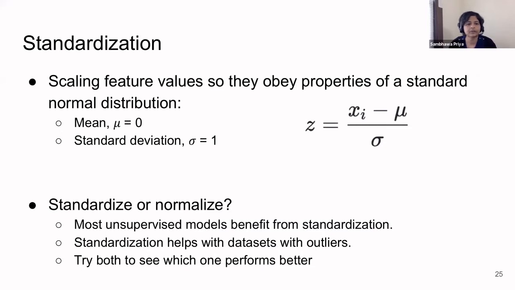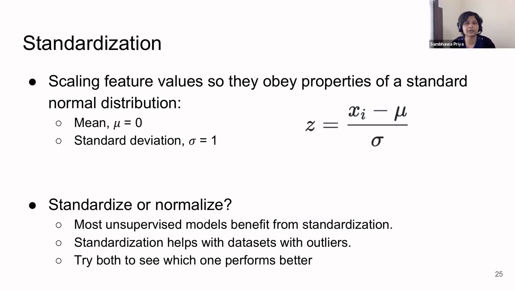Most supervised models benefit from standardization, and standardization can help with any data set with outliers. Sometimes you can try different ways and see which one performs better or makes more biological and technical sense. So those are some feature engineering ideas.